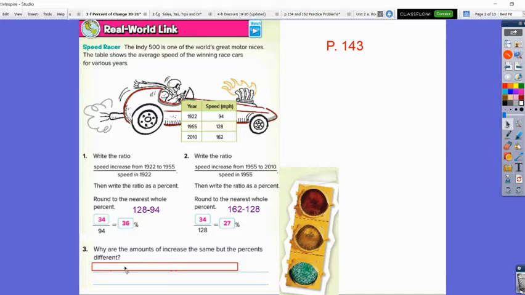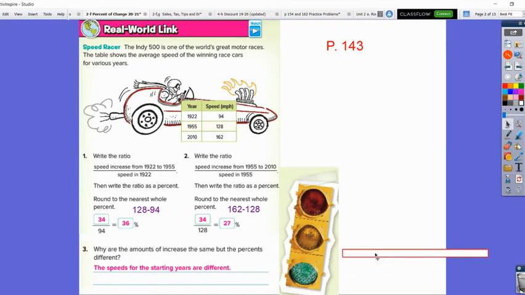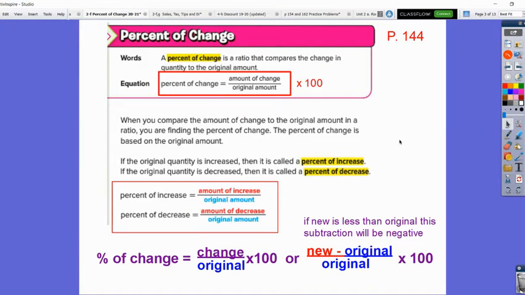The answer is because the whole number amounts, the speeds that you are using as the whole, are different. The first one uses the 1922 speed as the whole, and the second one uses the 1955 speed as the whole. Now, people can mess with these calculations, and depending on how you report them, you can do all kinds of things with statistics and which numbers you use. So understanding this helps you understand where some of those things come from.